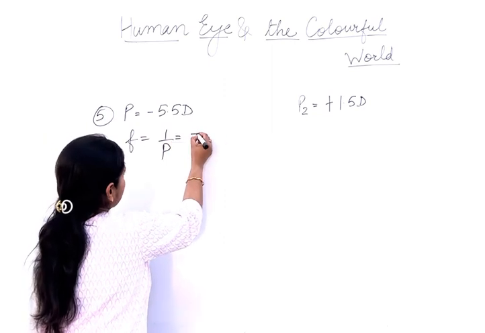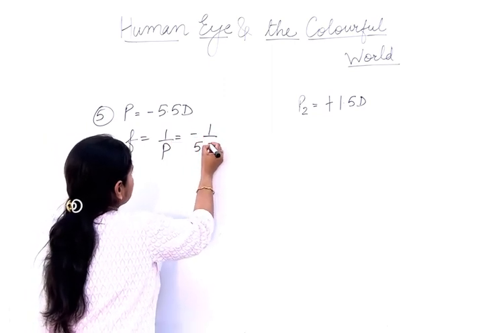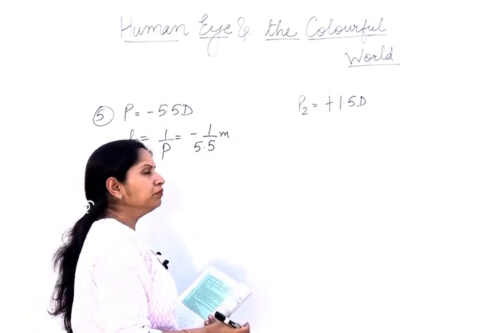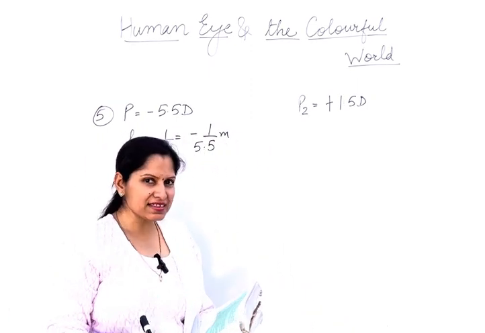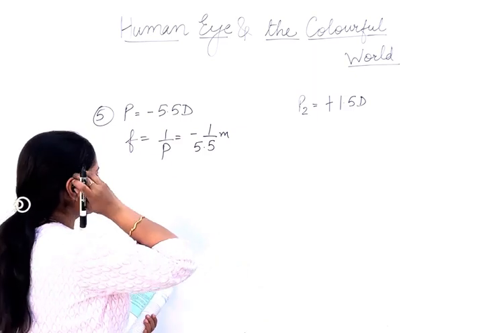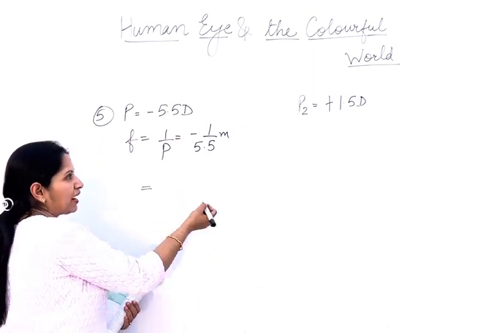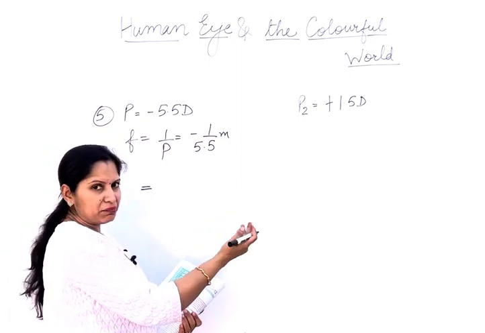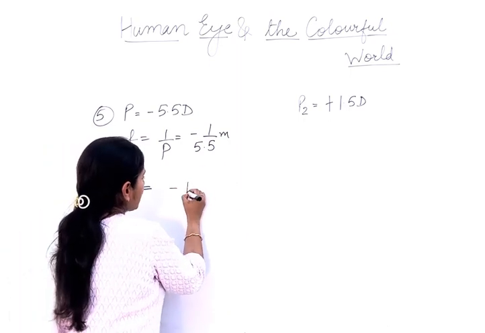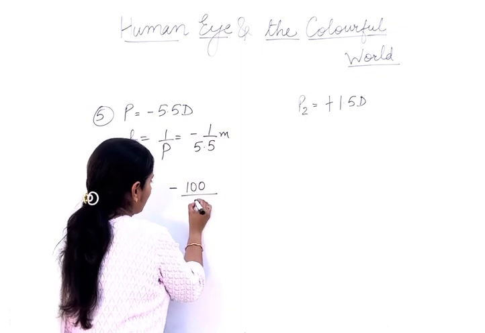So that will be minus of 1 upon 5.5. That is in meters. This is your answer in meters. But we'll find out the final answer. To find it out, we'll just convert it into centimeter. That will make our calculations easier. To convert meter into centimeter, we just multiply it with 100. So it becomes minus 100 upon 5.5.